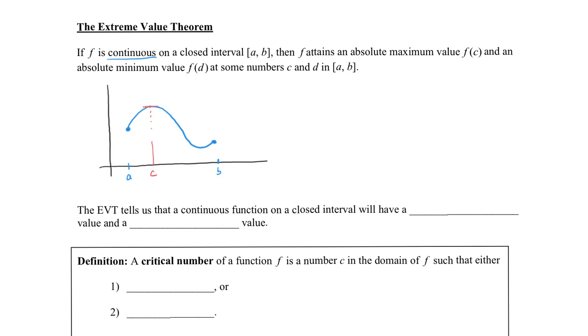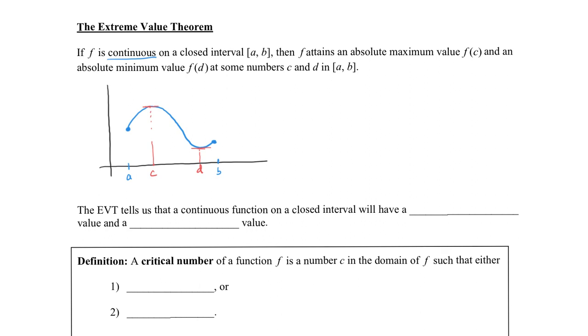Where the slope of the tangent is 0 here, there's a maximum value. And likewise, where the slope is 0 down here, you'll find this minimum value D. You could think of any sketch you could come up with, and this is always going to be the case. Even a horizontal line, it just means that the max and the min are equal to each other, right?